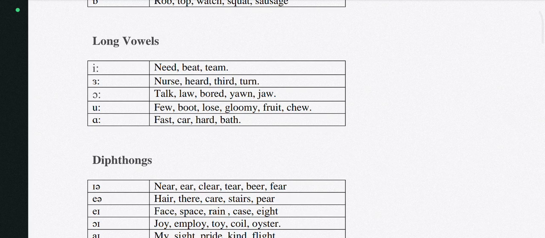Then you have ah. Okay. Long ah. Fast, car, hard, bath. Okay. So, we have now learned what short vowels and long vowels are. So, these come under the name monophthongs. Now, we are going to diphthongs.